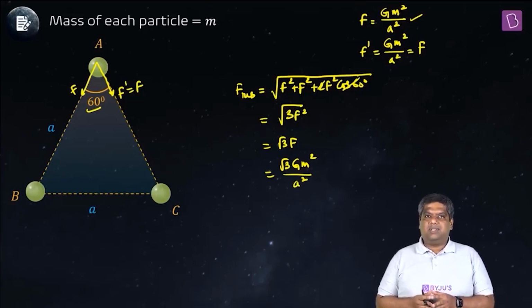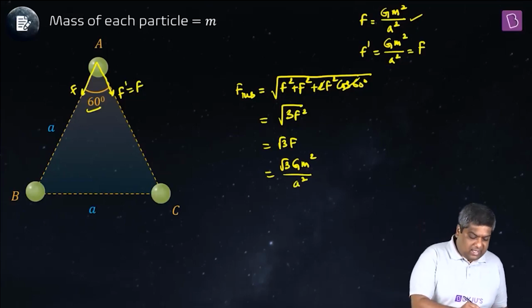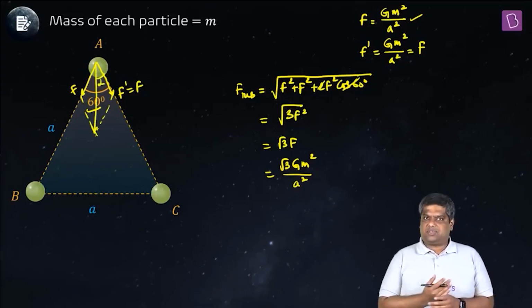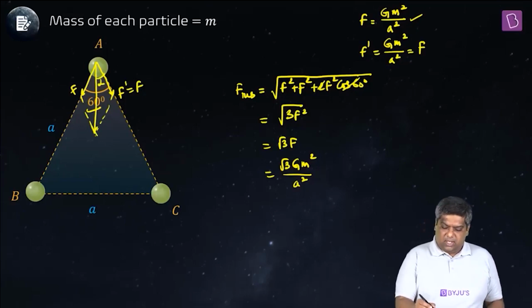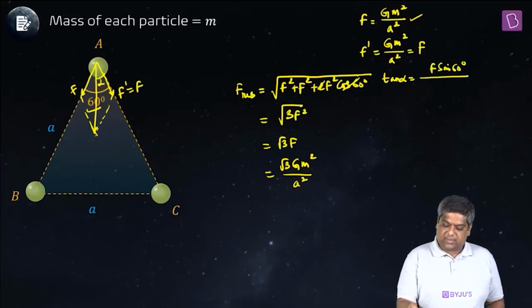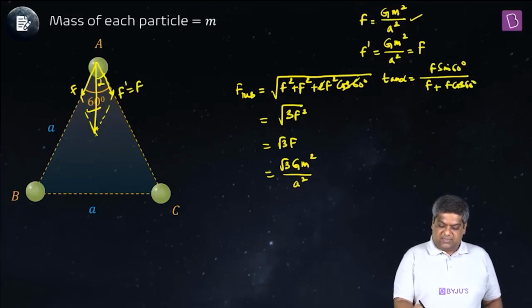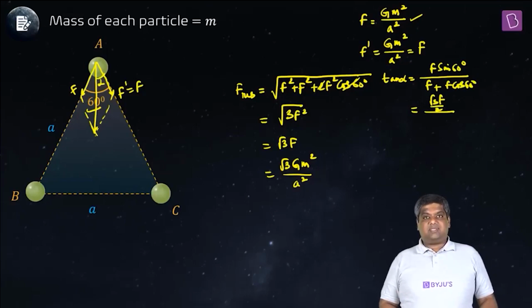What about the direction? Well, if we consider the resultant force by finishing the parallelogram and call this angle as alpha with one of the forces, because both the forces are of equal magnitude, so tan alpha formula is what? It is F sine 60 divided by the other force, which is also F, plus F cos 60. F sine 60 is root 3F by 2 divided by F plus F cos 60.